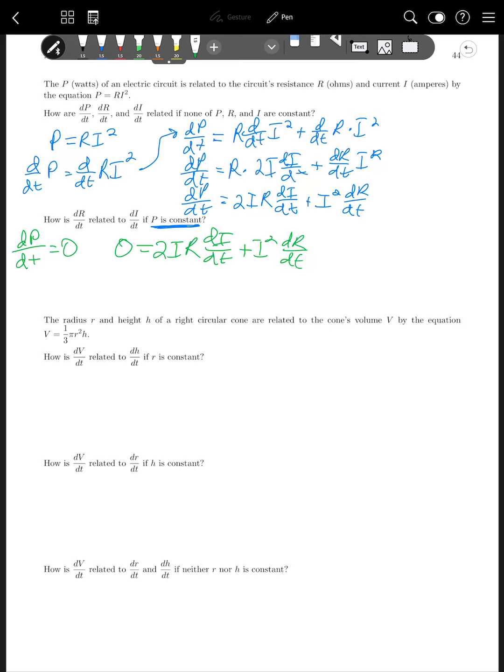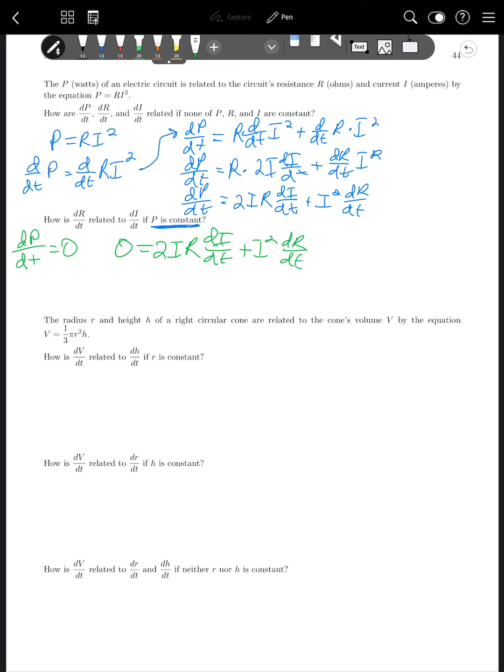So we're going to get dR/dt equals negative 2IR over I squared dI/dt, and then we can simplify that a little bit. dR/dt equals negative 2R over I dI/dt. So the rate at which the ohms change is equal to negative 2 times the number of ohms over the number of amps times the rate at which the amps are changing, assuming that the power is constant in this circuit. Okay, so that's the idea.